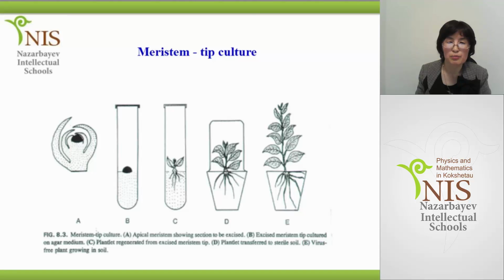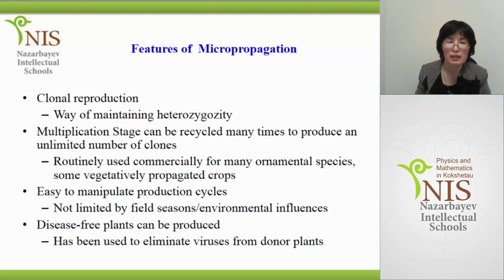This is a meristem tip culture that is used in micropropagation. And the highlights of micropropagation: a clonal reproduction, a way of maintaining heterozygotes. The multiplication stage can be recycled many times to produce an unlimited number of clones.